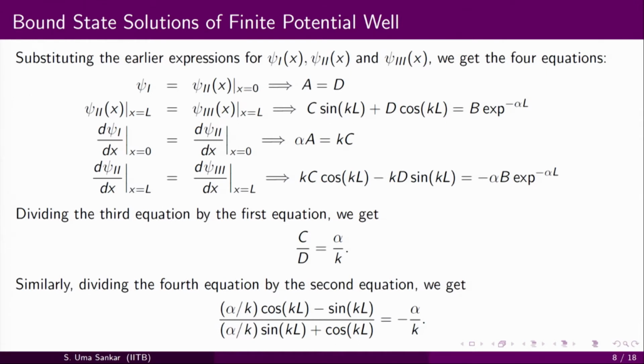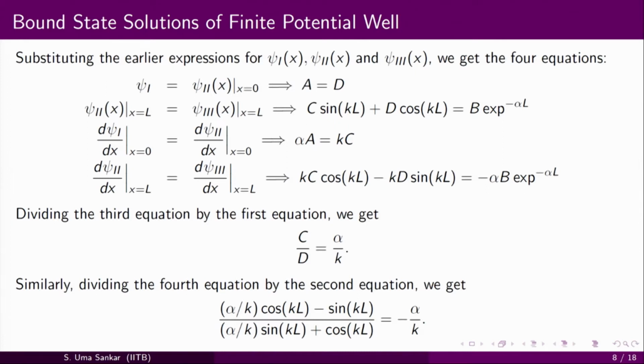If I divide the third equation by the first equation, we get C in terms of D, and already we had A in terms of D. Now, if you divide the fourth equation by the second equation, you have that complicated looking formula: (alpha by k cos kL minus sin kL) divided by (alpha by k sin kL plus cos kL) is equal to minus alpha by k.